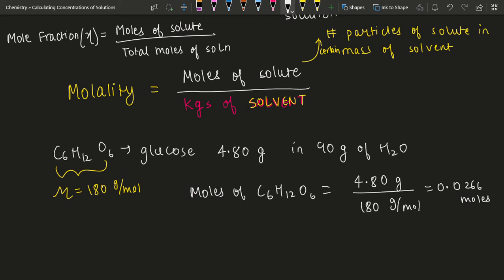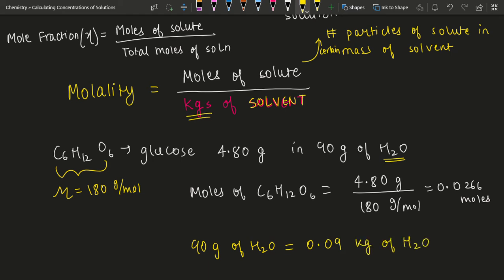And you now have to figure out the kgs of solvent, and notice it specifically says you have to only take kgs here, just like molarity said you have to take liters of solution. Here you have to take kgs of solvent. So in this case the solvent is water, so 90 grams of H2O is the same thing as saying 0.09 kgs of H2O.